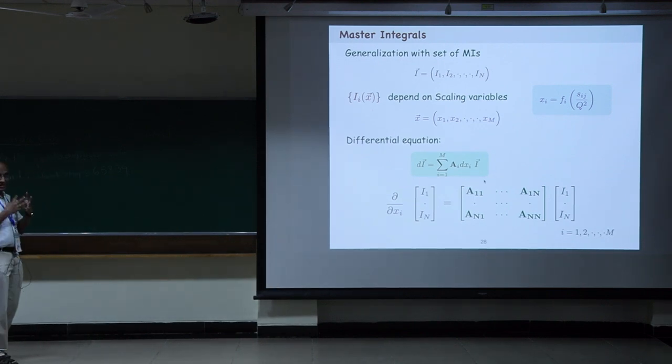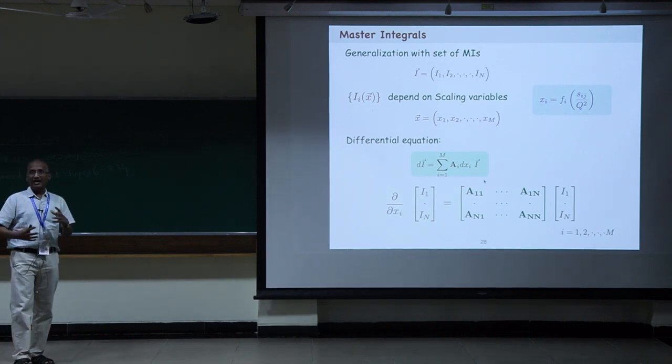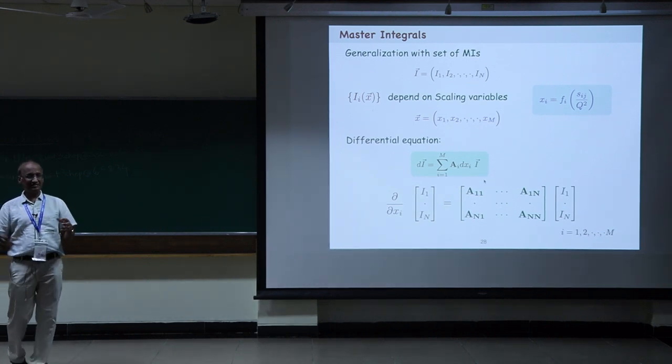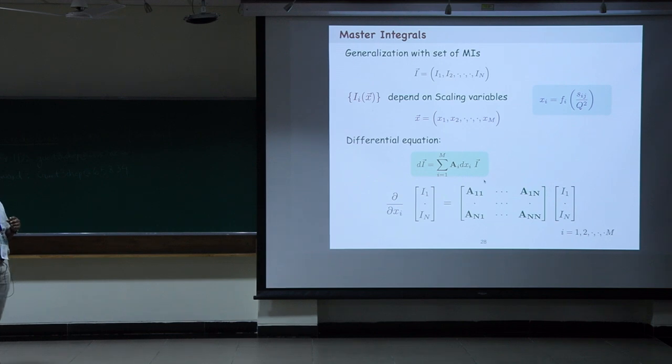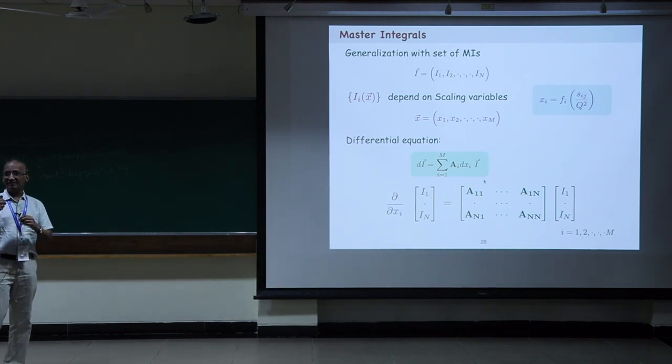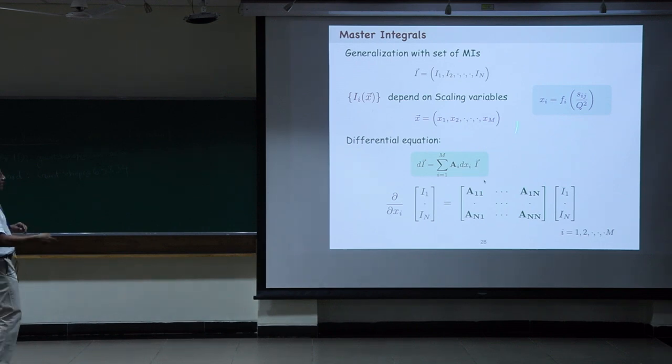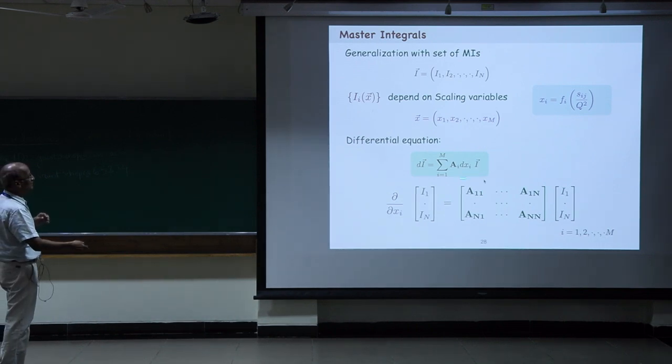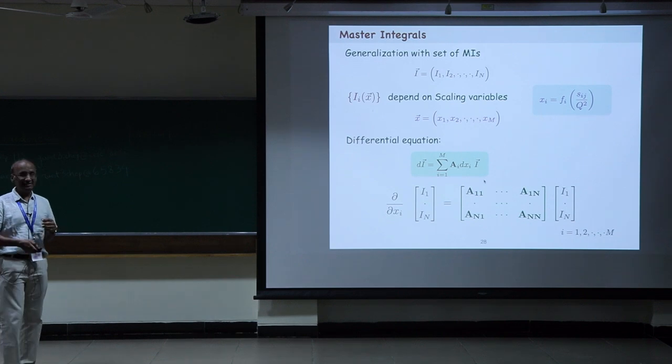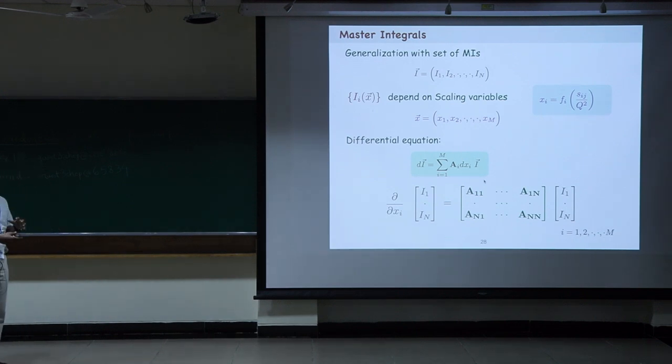So you can write down integrals as solutions to certain differential equations, provided you recognize the external momenta with some scaling variables. If you can identify certain scaling variables, you can set up differential equations out of Feynman integrals. This is called the differential equation method to solve Feynman integrals.